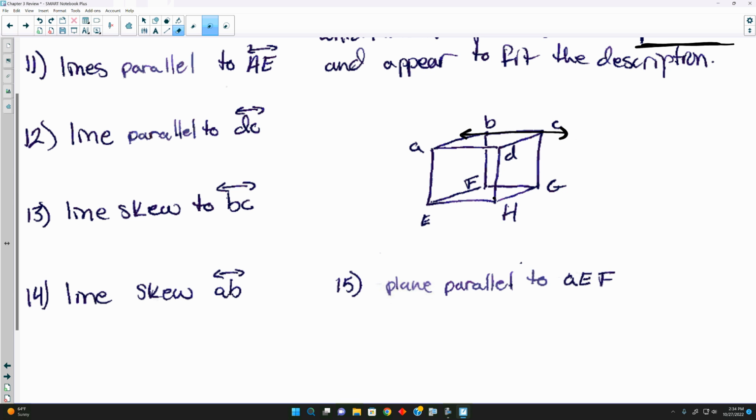We're looking at this here, and it has to contain point H. So we could say EH, because EH and BC are not in the same plane. So A, because we could have several for 13.